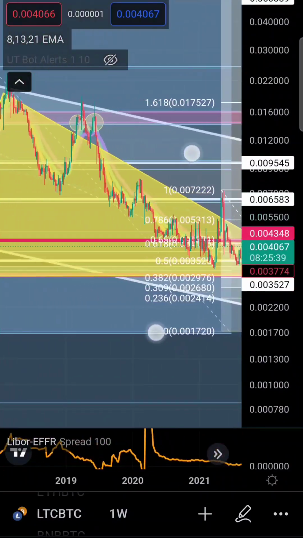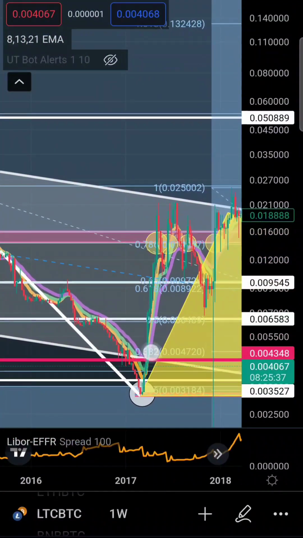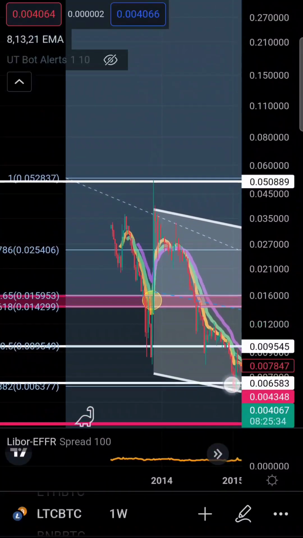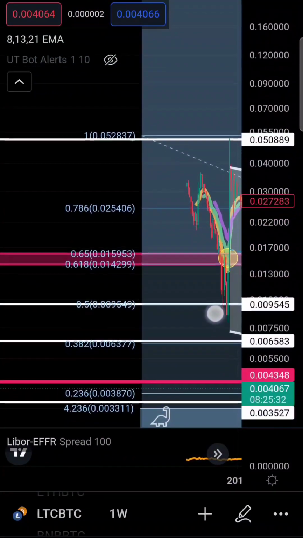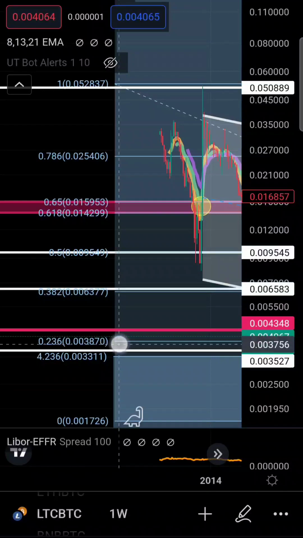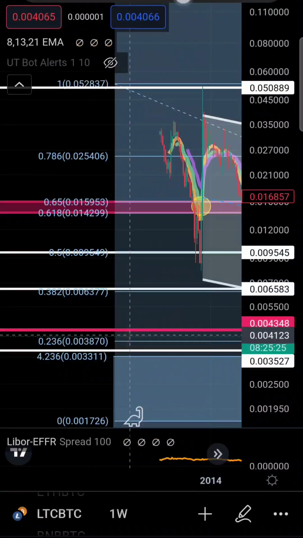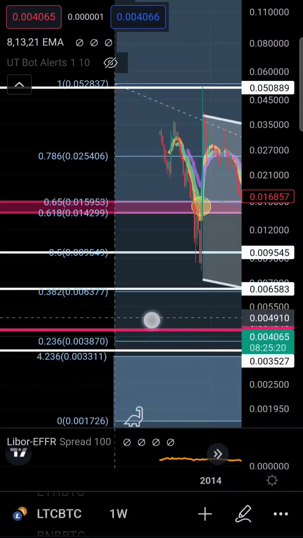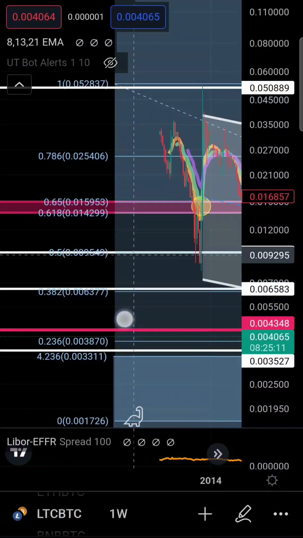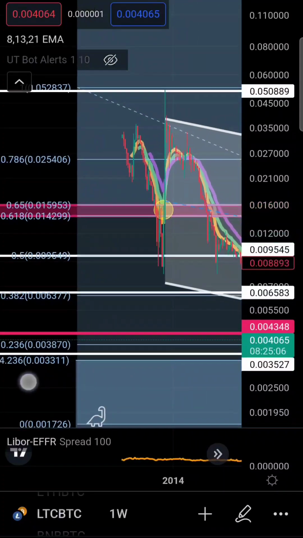All right, so where are we at? We are currently all the way down here at the 0.236 Fibonacci. So if we keep going up, we could reach the 0.382 Fibonacci, which is sitting at 0.006. Right after that, we have the 0.5, which is at 0.009 BTC.